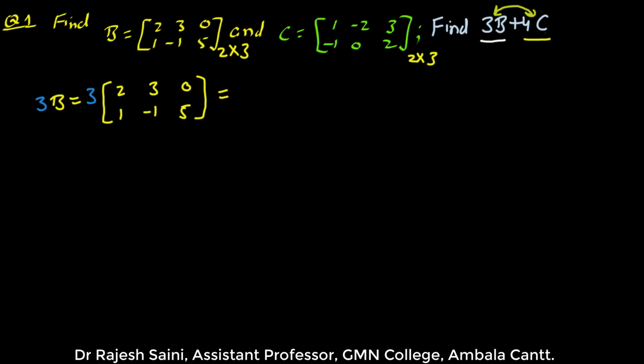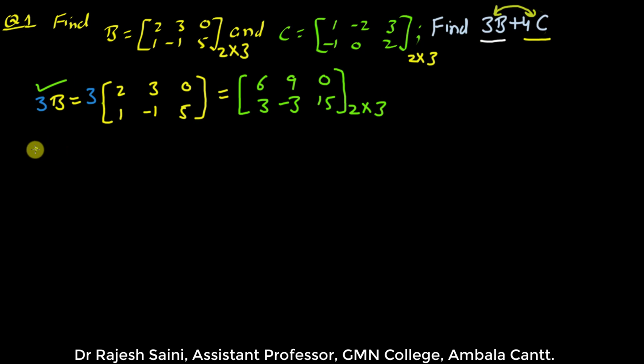So 3 into 2 is 6, 3 into 3 is 9, 3 into 0 is 0, 3 into 1 is 3, 3 into minus 1 is minus 3, 3 into 5 is 15. This is the scalar multiplication, and the order again is 2 rows, 3 columns. So this is what we have obtained, 3B.